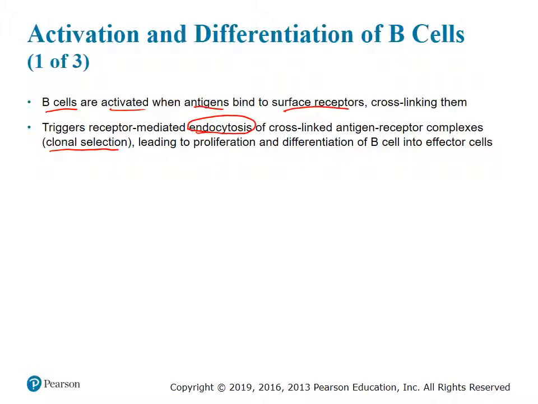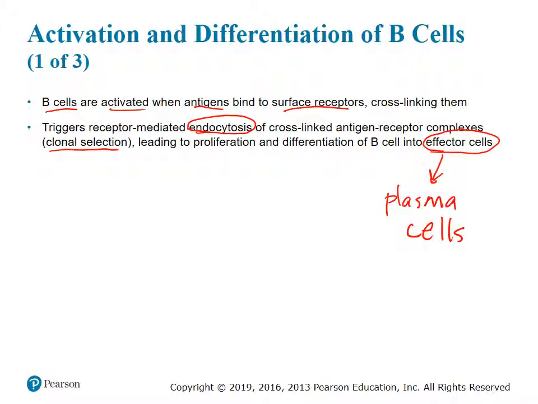Those B cells then turn into effector cells, which for B cells we call plasma cells.